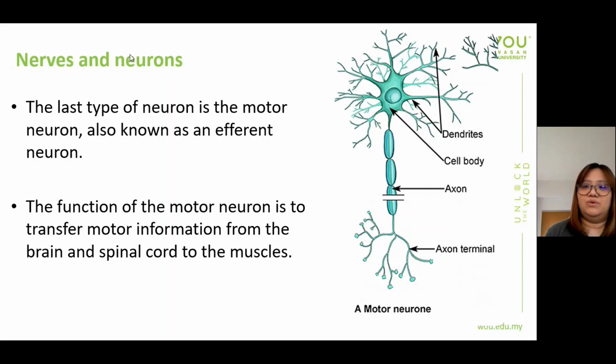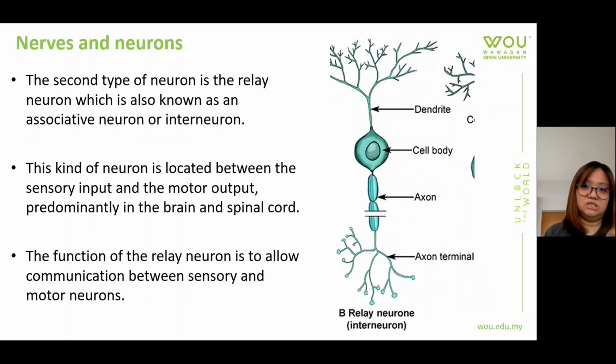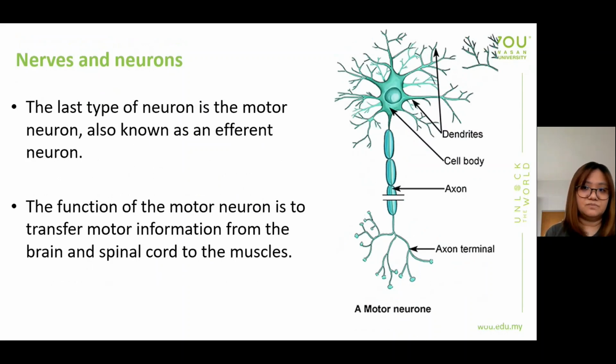So where we have the dendrites here, and the cell body is actually linked. This is the beginning of the dendrites. The dendrites are actually linked to the cell body, which contains the nucleus. Some people might get confused because it looks a little bit like a sensory neuron, but please remember the location of the cell body is quite different.